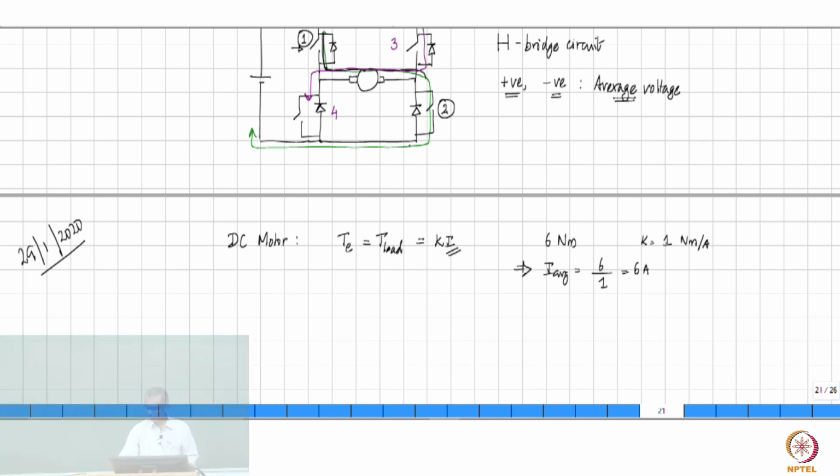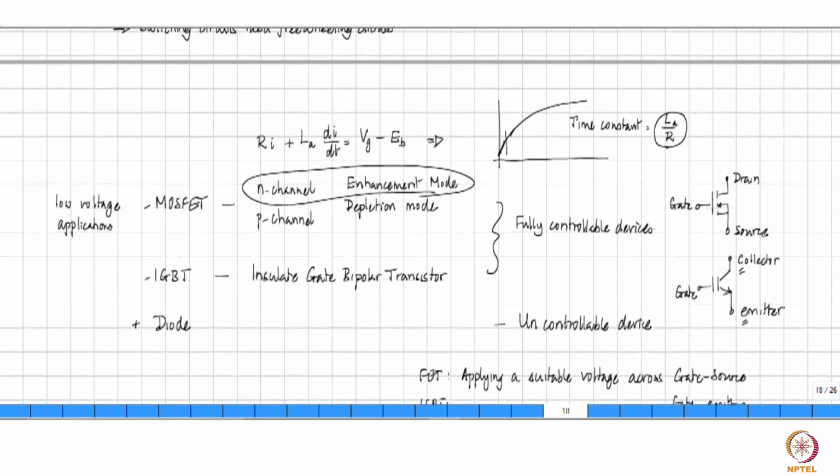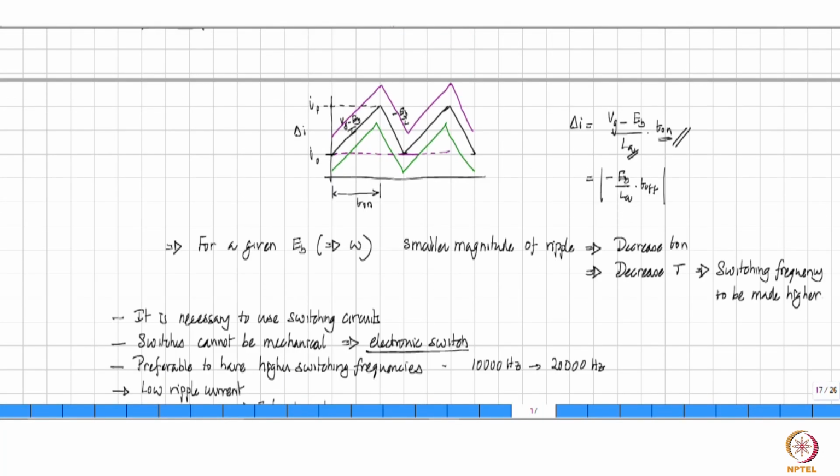Now on top of this 6 ampere, you are going to have this ripple, right? As you can see from this shape, if this value is I min and this value is I max, then the average value is simply I min plus I max divided by 2.